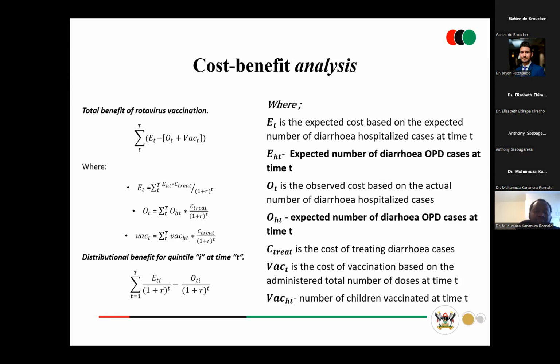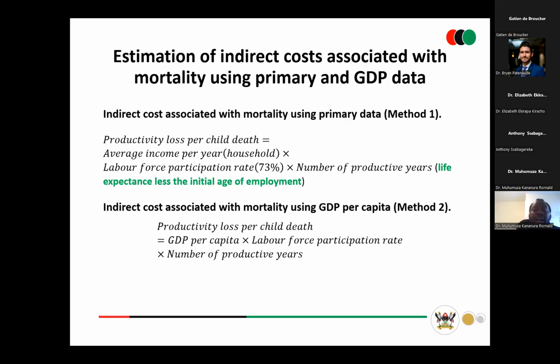And then later we also did the distribution benefit analysis based on that. In terms of the indirect costs associated with mortality, we also calculated this, trying to know how much the return on investment is.